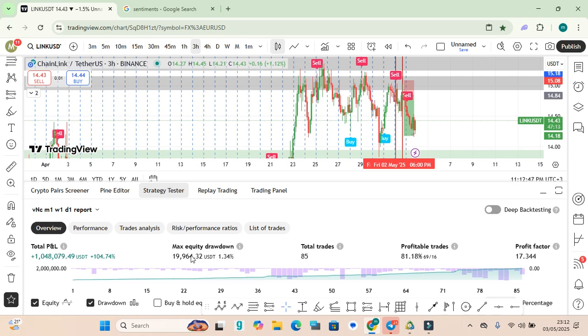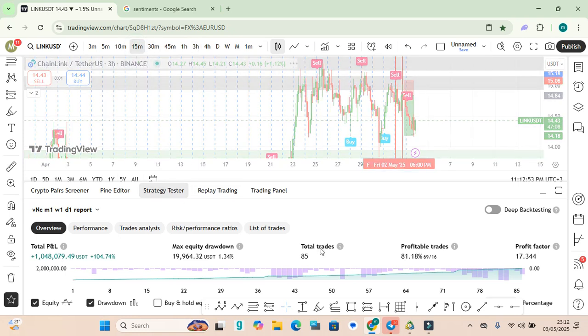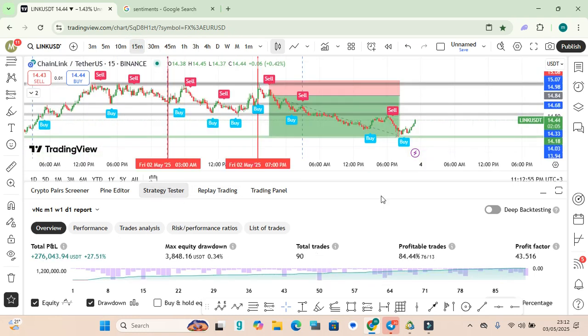So on M15, this is 85. The previous was 84. So my system is 84%.